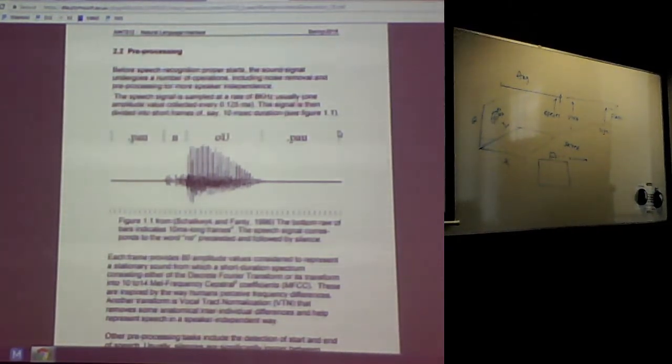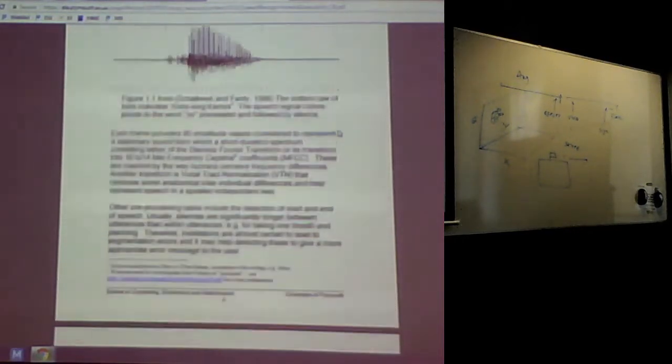The kind of spectrum they look at is either the discrete Fourier transform or the Mel frequency spectrum. Slightly different. I knew what the difference was, not today.